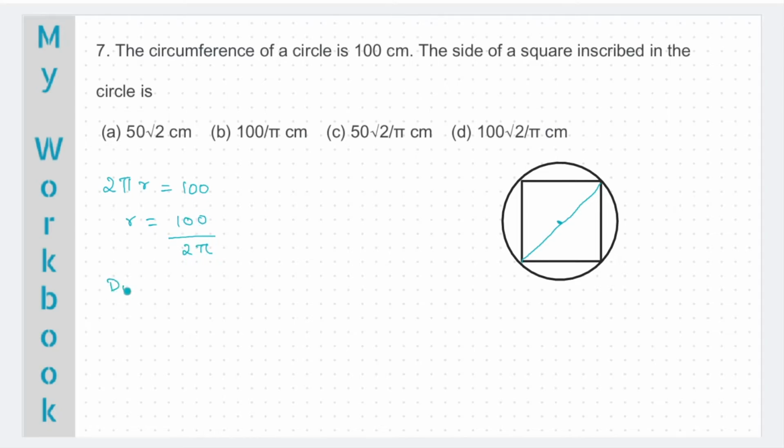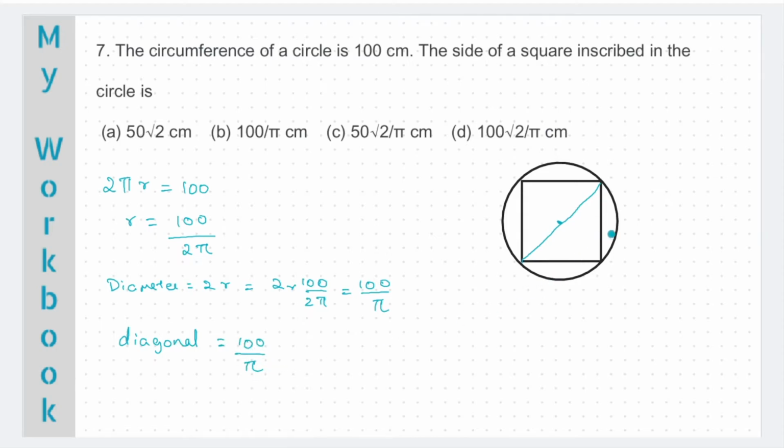Diameter will be 2 into the radius. So it will be 2 into 100 by 2 pi, which is 100 by pi. Now this diameter is equal to the diagonal of the square. So diagonal is equal to 100 by pi.